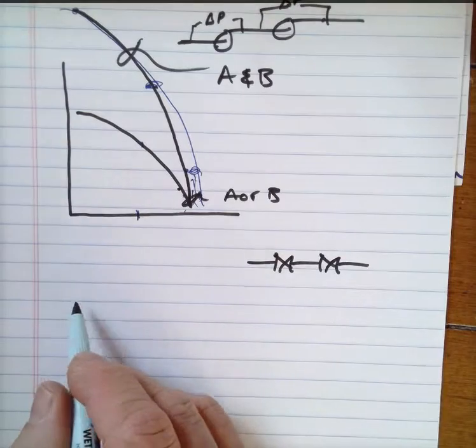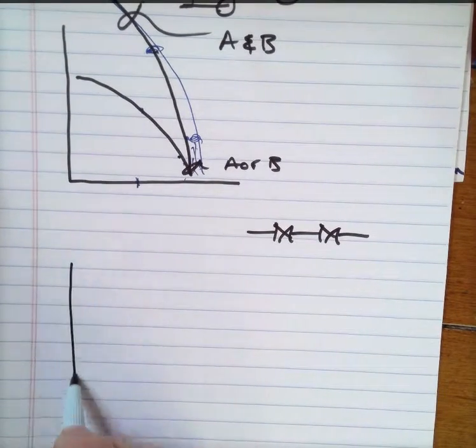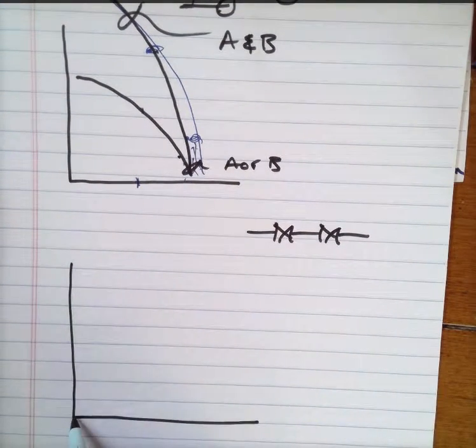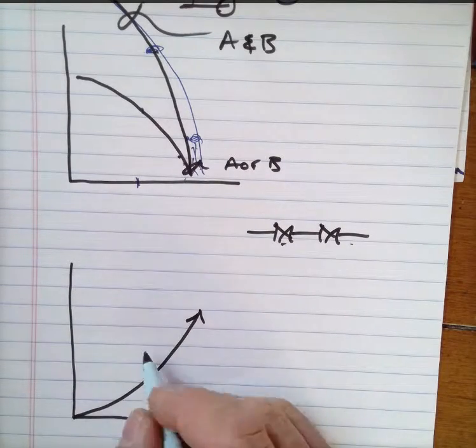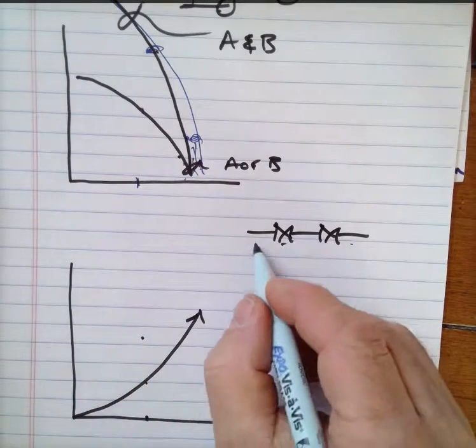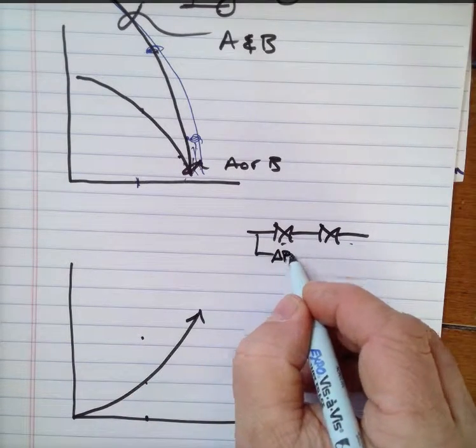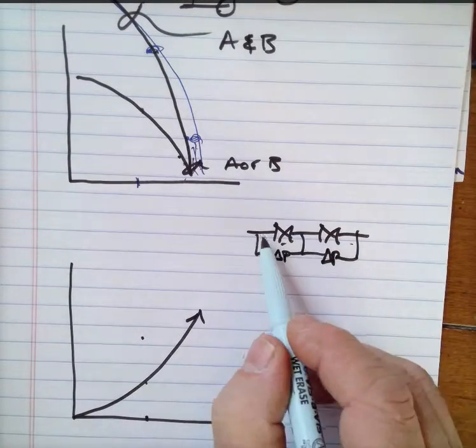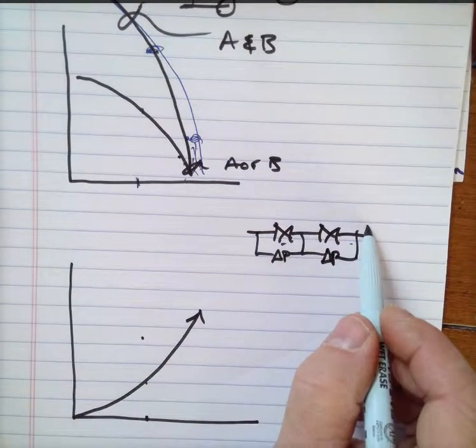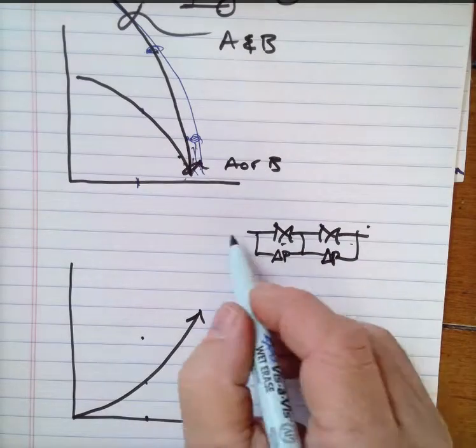And if I take two head loss curves, and these are identical curves, the flow rate gets held constant and the head loss adds. So whatever the head loss is across this, I would have another head loss across that. So from the beginning to the end, I would have twice as much head loss for a given flow rate.